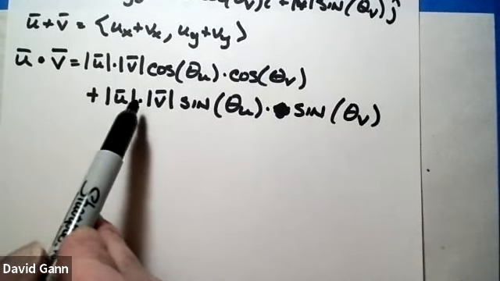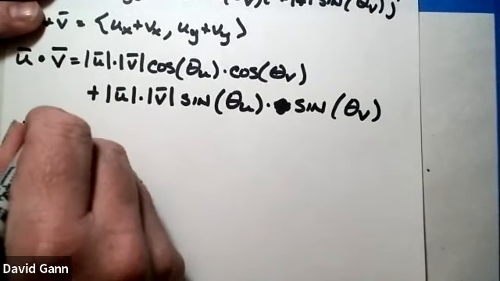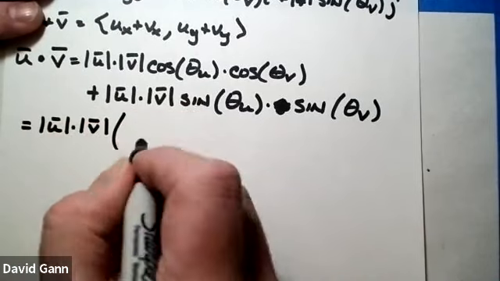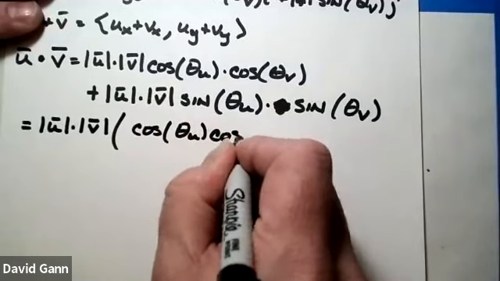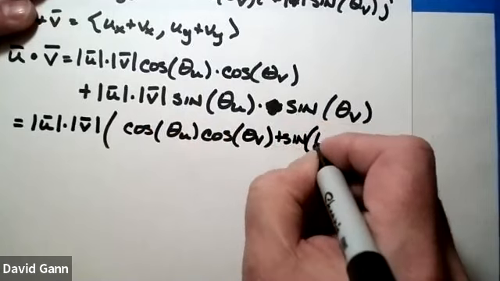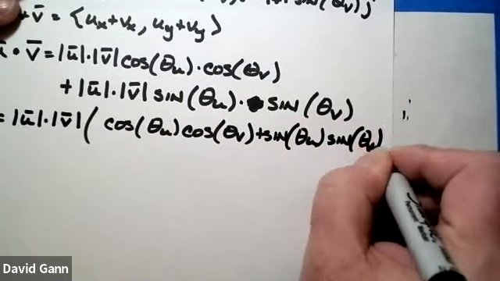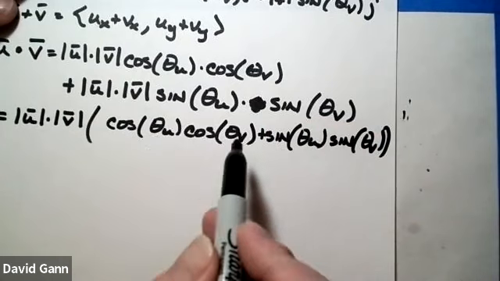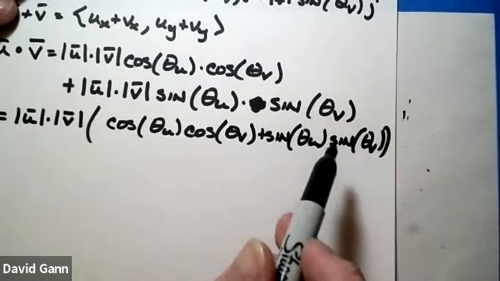If we were to factor that out, what we're left with is the magnitude of u times the magnitude of v times this product, cosine direction of u, cosine direction of v, plus sine direction of u, sine direction of v. And that should look very, very familiar, because that's a cosine A minus B formulation, right?